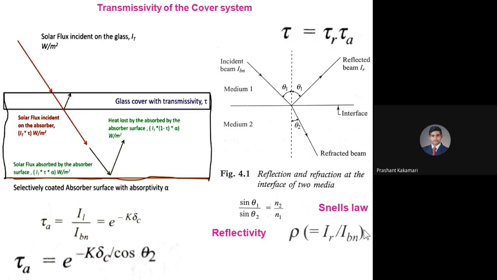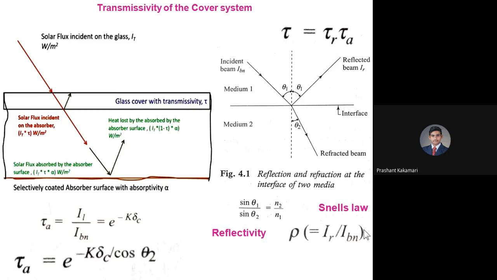And reflectivity, as we studied earlier in solar radiation geometry and measurement, in this flat plate collector also, reflectivity can be given as the reflected radiation to the beam radiation. Reflectivity means the ray of light is reflecting back to the same medium at the same angle.